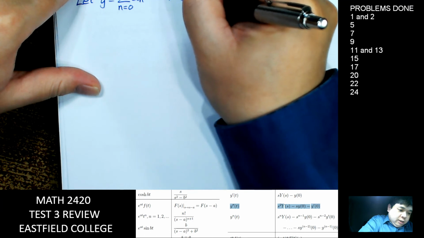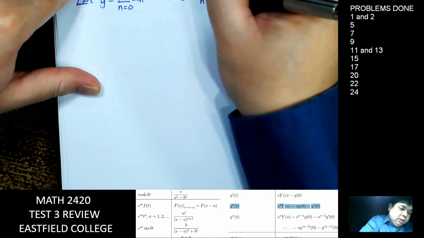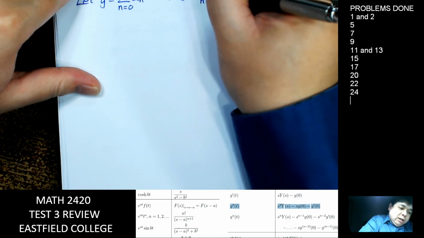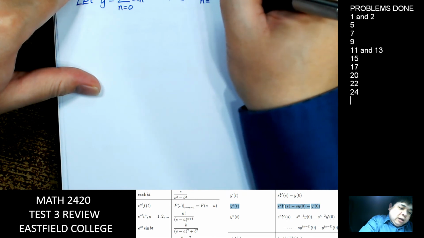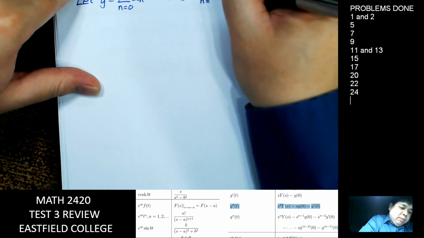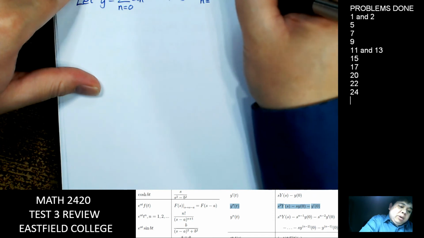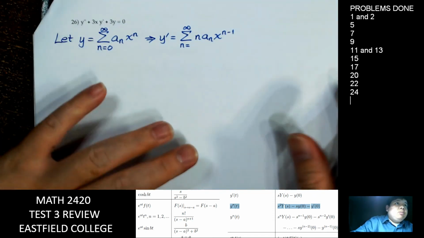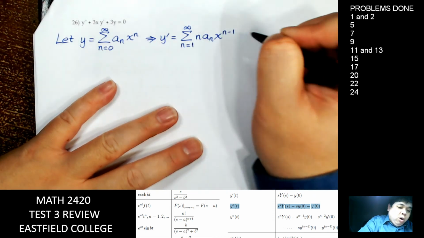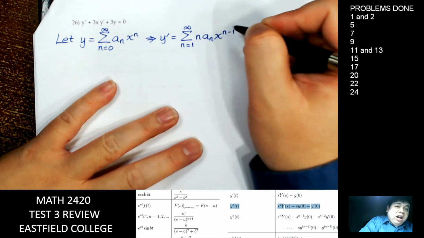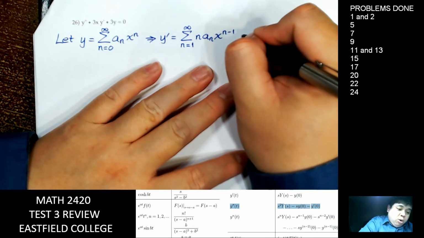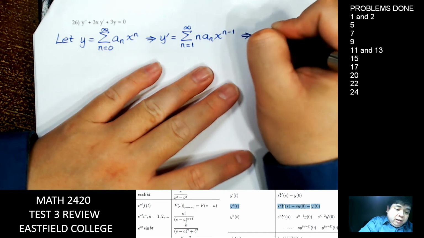It will be n a_n x to the n minus 1, because we cannot have the x to the negative power, otherwise it could be undefined.